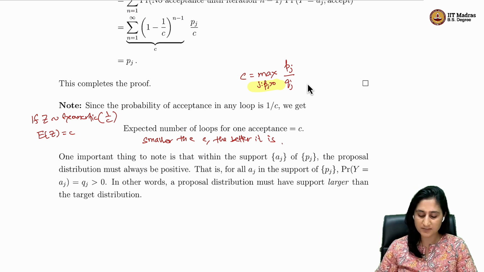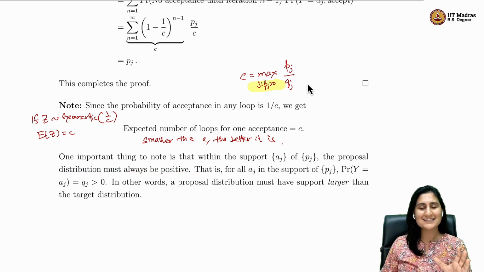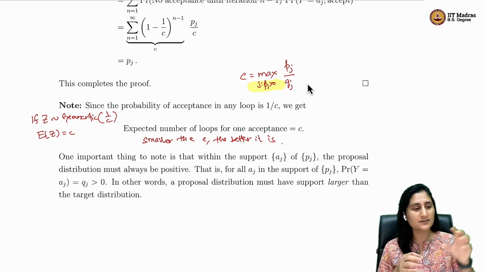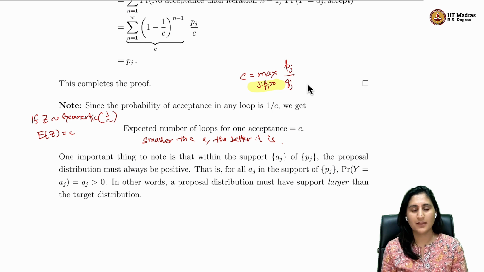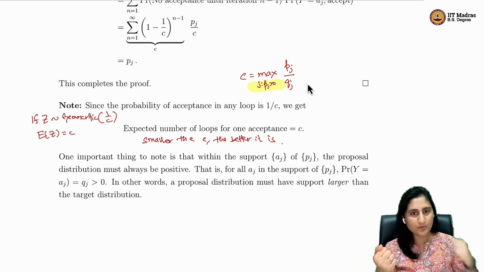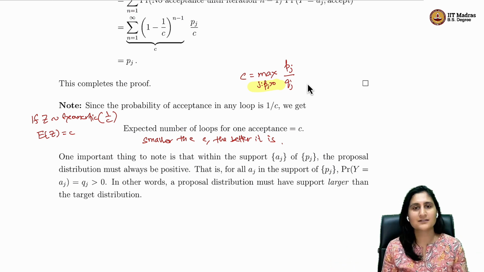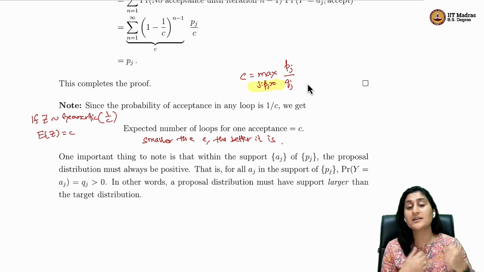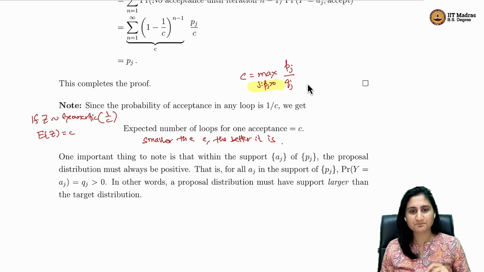For all of those states, the proposal distribution must always be positive. The idea is that if there is a value that the proposal can never propose, then the algorithm can never work. If there is a value under my target distribution that the proposal distribution can never propose, I will never get the algorithm to work, because that value will never be proposed. If it's never proposed, it can never be accepted.